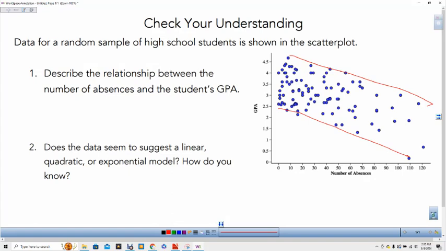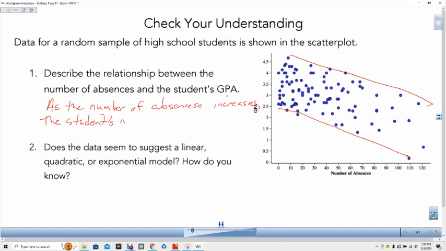And what it means when we describe the relationship, we can see as the number of absences increases, the student's GPA decreases.